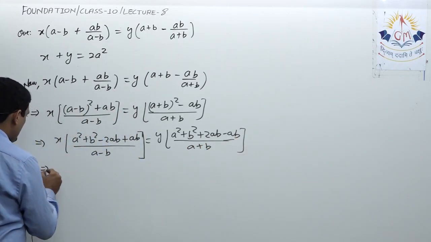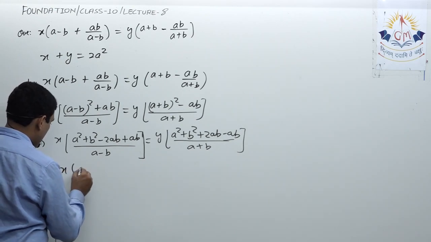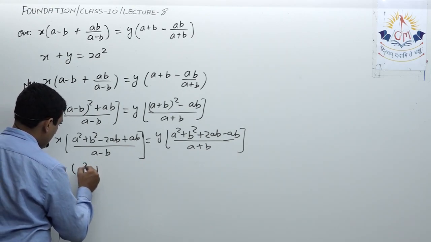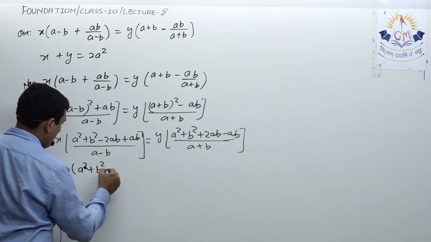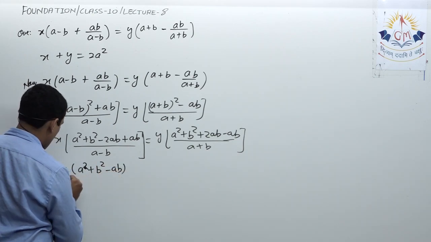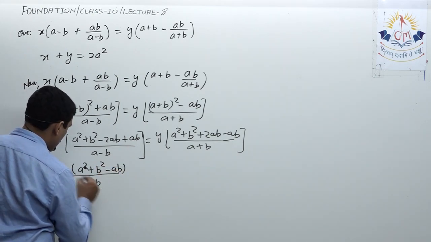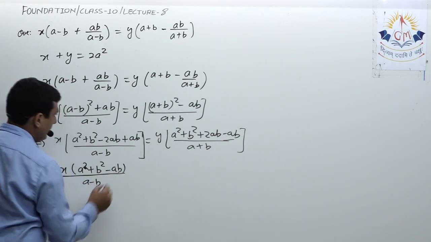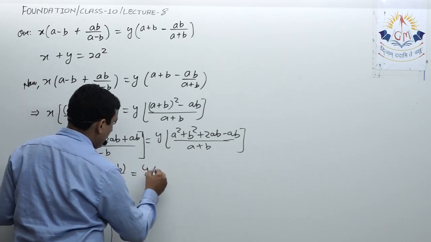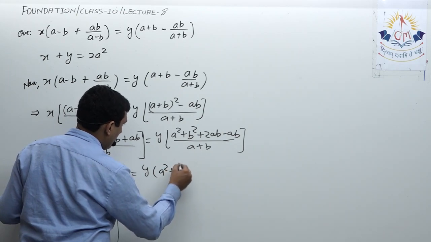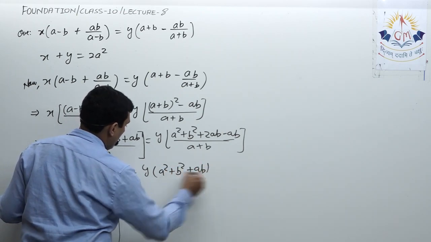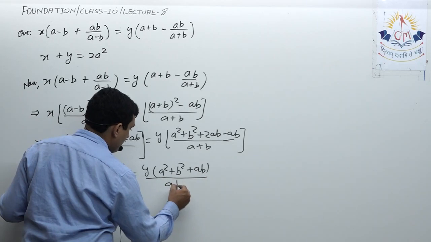Okay, so this is x into (a square plus b square minus ab) upon a minus b is equal to y into (a square plus b square plus ab) upon a plus b.